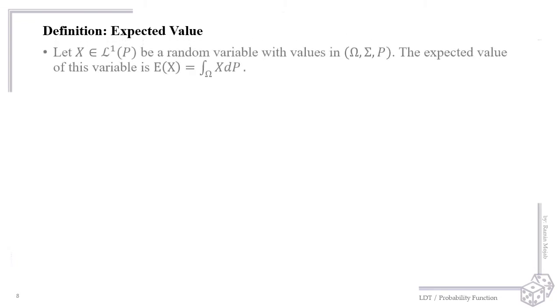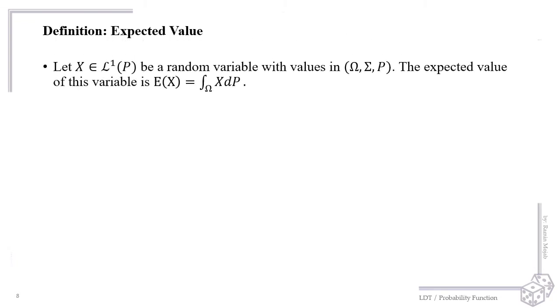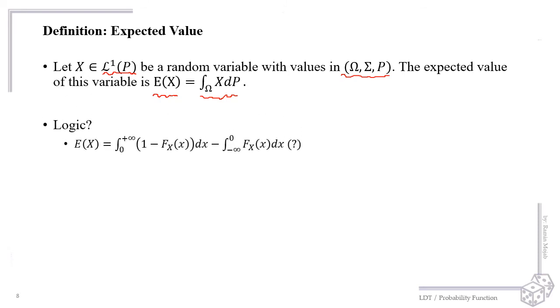The expected value of a random variable is simply the Lebesgue integral of that random variable. To be more exact, let X be a random variable with values in this probability space, and let X be P integrable, and its expected value is the Lebesgue integral of X over omega dP, and we use this notation E of X for the expected value of X. Right now it's not easy to explain the logic behind this formula.